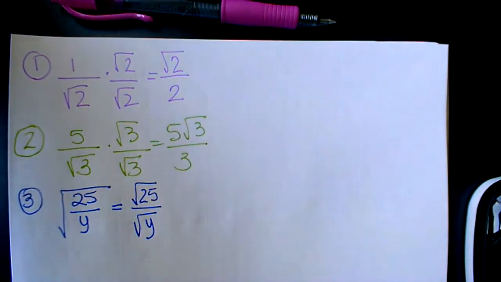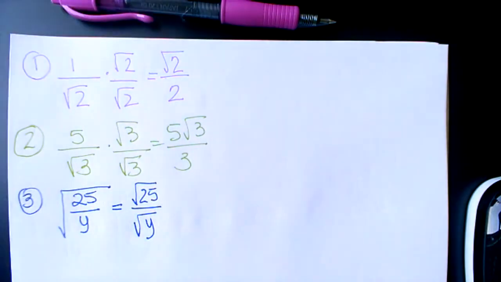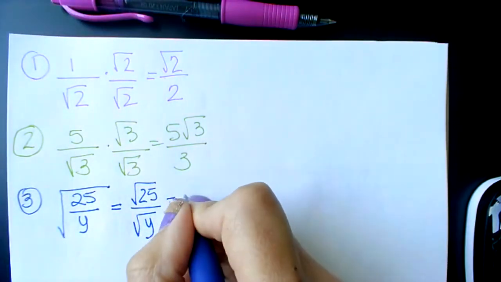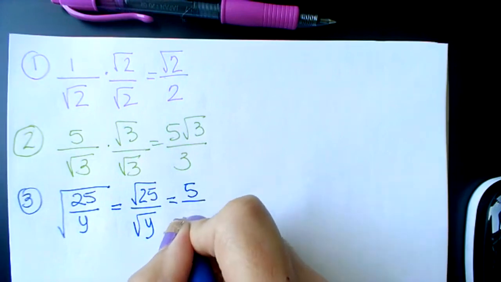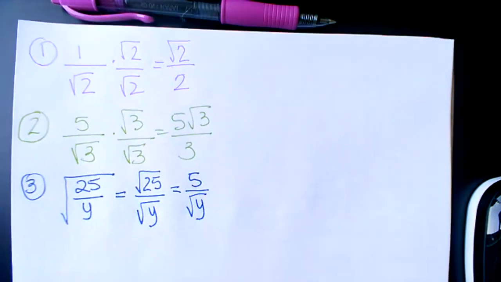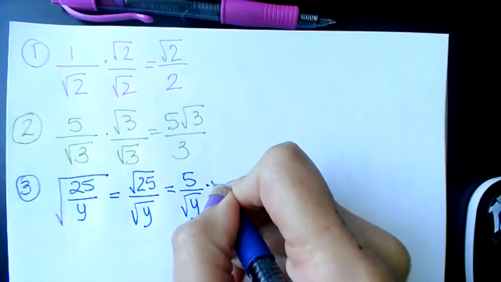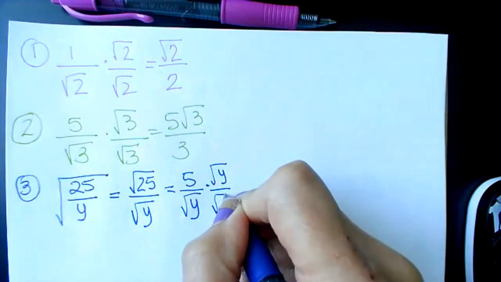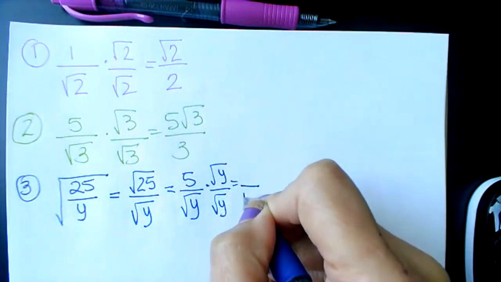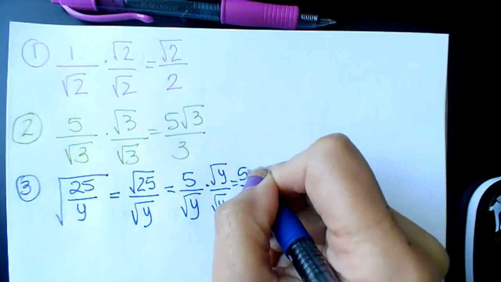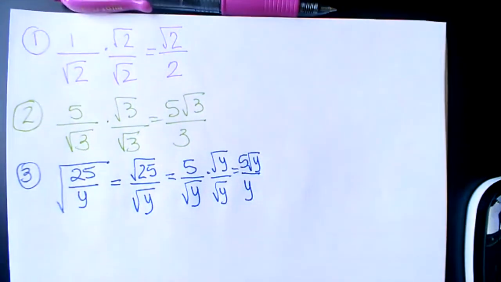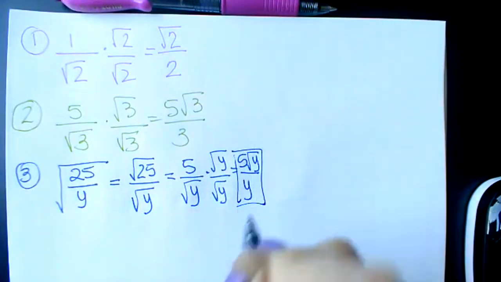There we go. So this is going to be 5 over the square root of y. So now I can rationalize the denominator, and this is going to be 5 square root of y over y, that's going to be my answer.